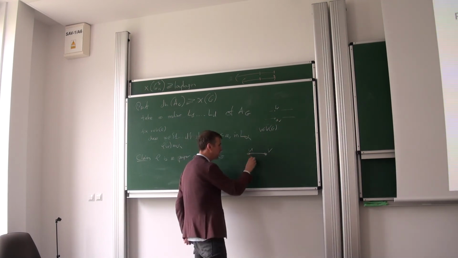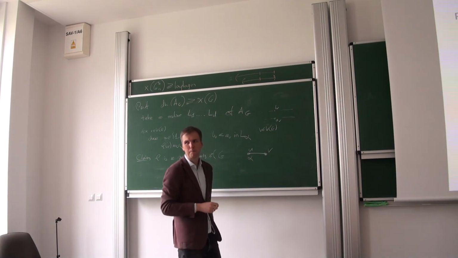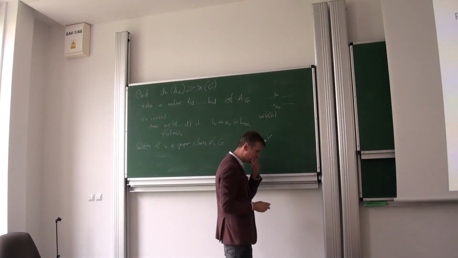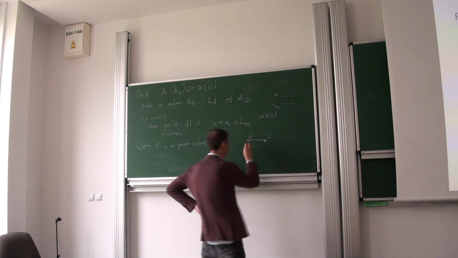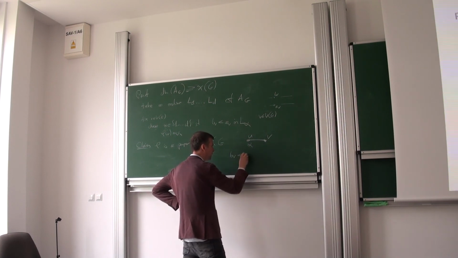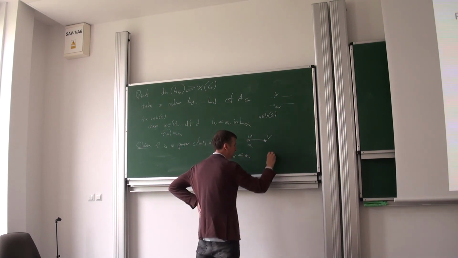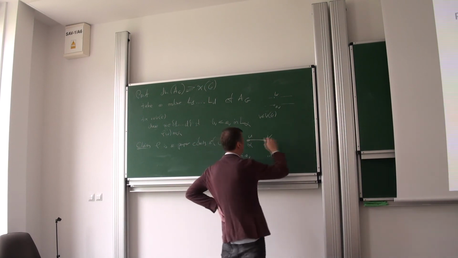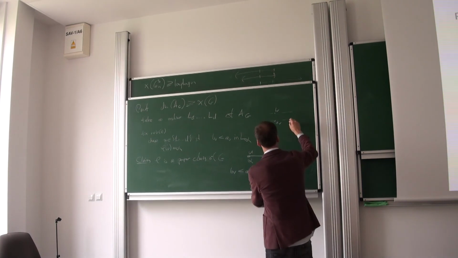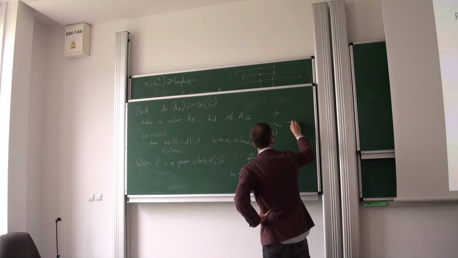So assume that this vertex has color alpha. What does it mean? It means that b_v is less than a_v in L_alpha. Yes? What is the poset? So u is adjacent to v, this is u, a_u, b_u, and we have this.